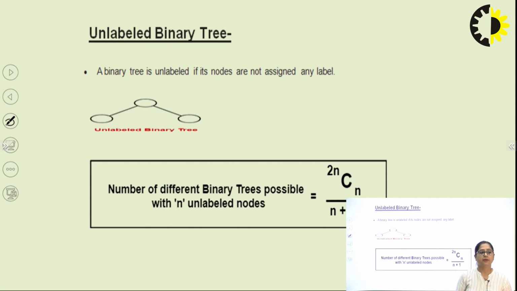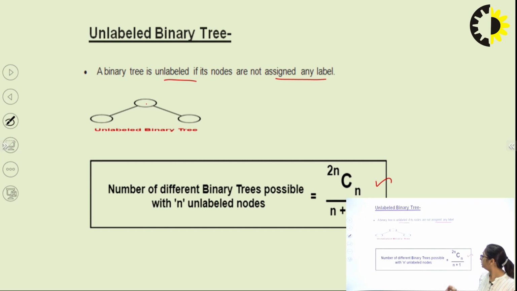Unlabeled binary tree. A binary tree is unlabeled when there is no labeling, whether in the form of 1, 2, 3 or in the form of alphabets. That means the nodes are not assigned any label. The number of different binary trees possible with n unlabeled nodes is equal to 2n C n upon n plus 1.